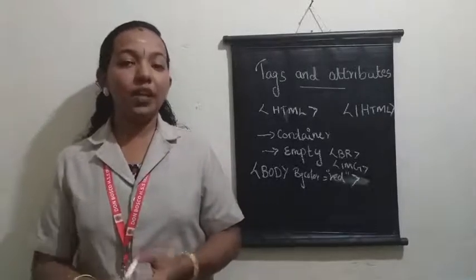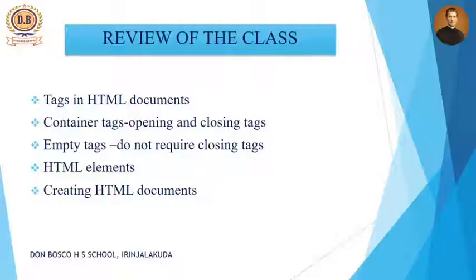So what did we learn from this video? First, we already know HTML stands for hypertext markup language. HTML is a collection of tags and attributes. Tags are enclosed in angular brackets. Two types of tags are available: container tag and empty tag.